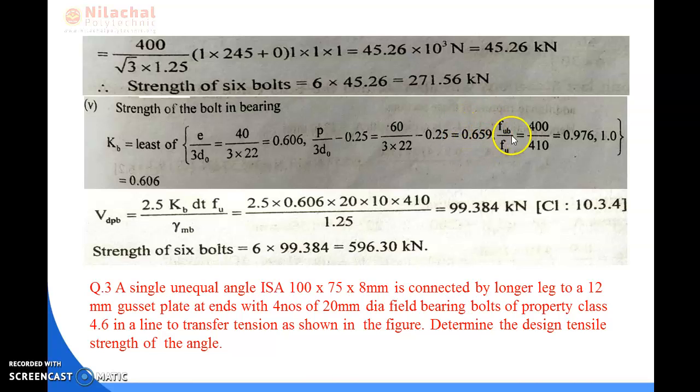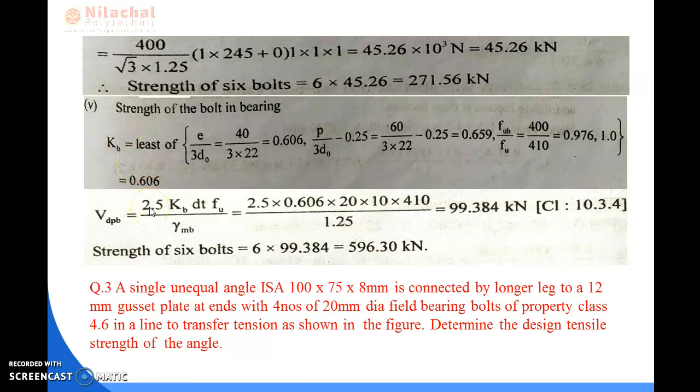And in the third case, fub by fu, that is 400 by 410, we got the value 0.976. And fourth one is 1. So, the minimum value of these four is the value of kb, which is 0.606. So, we will take 0.606 as the value of kb.